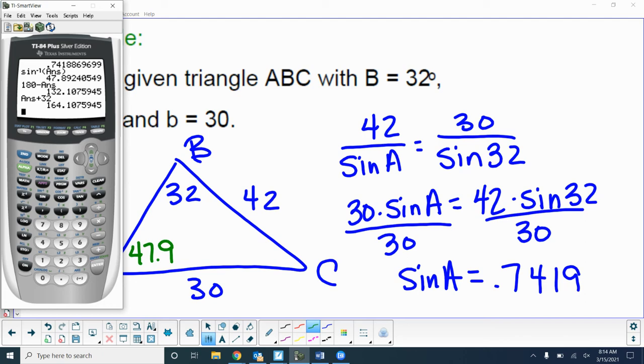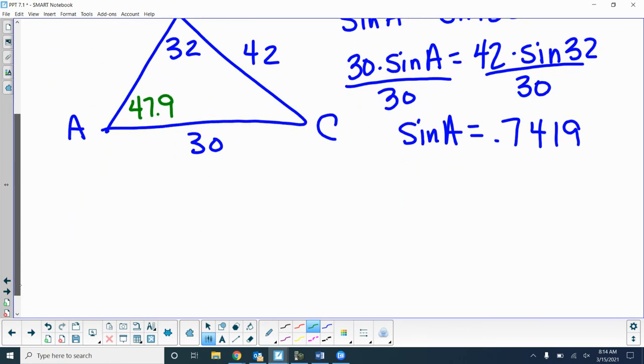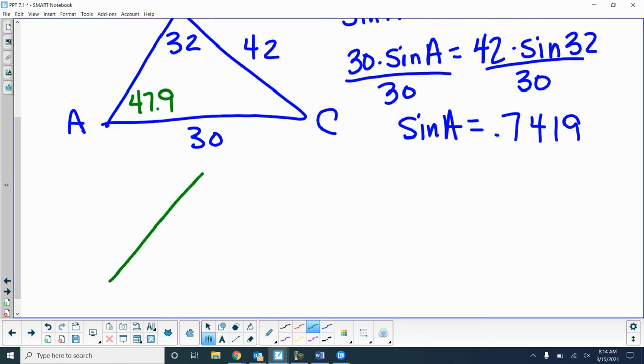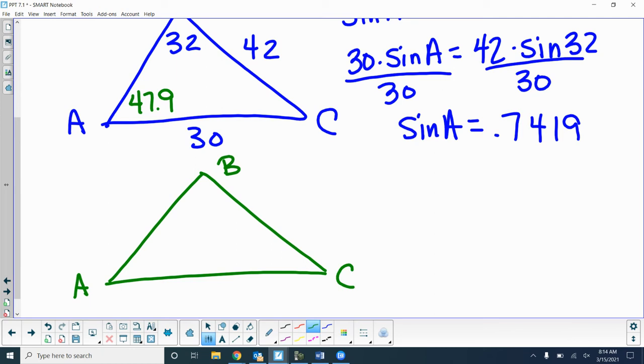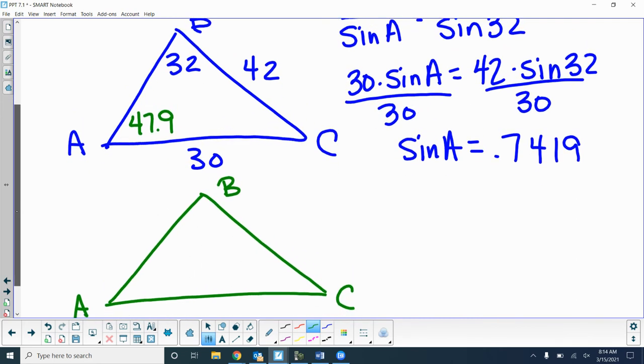Okay, so here's what I do then. I just draw, again, your triangles don't have to be perfect as far as measure-wise, okay? But everything from the original problem stays the same.